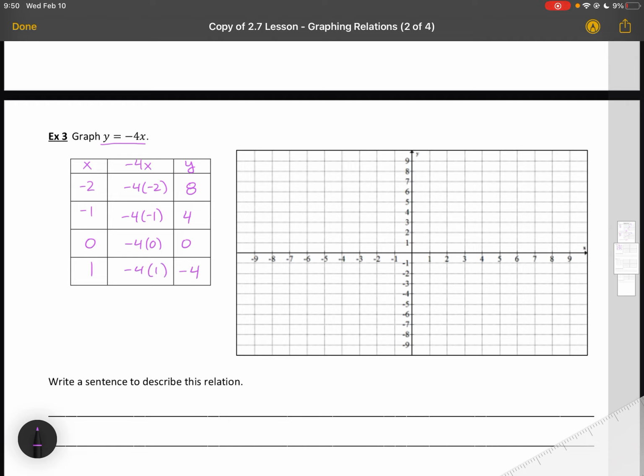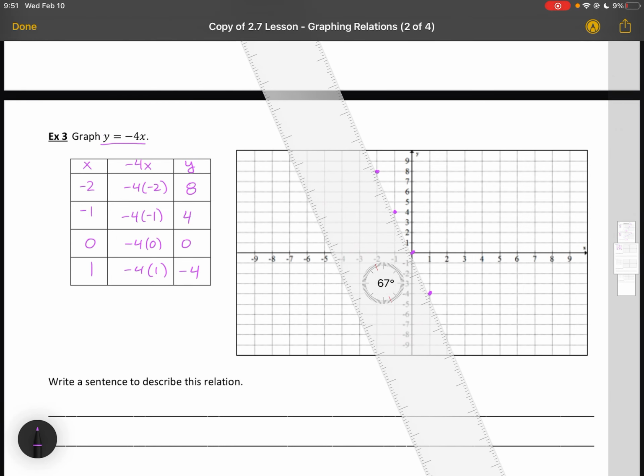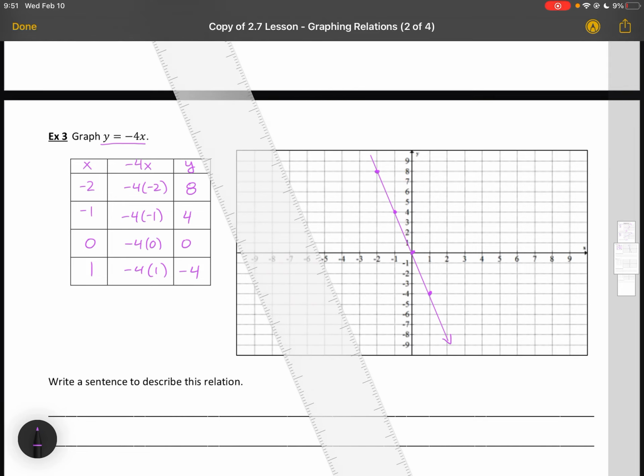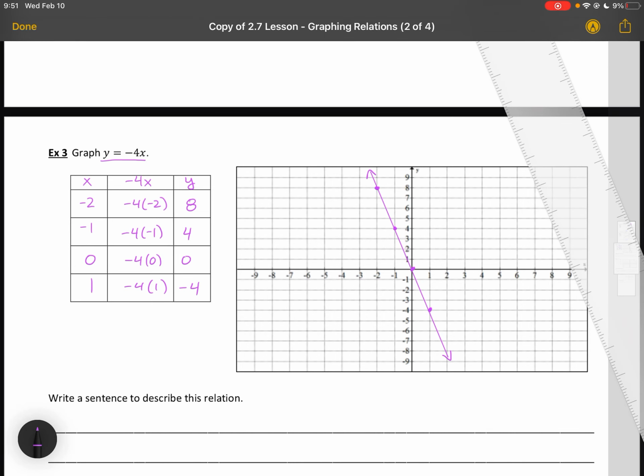And same thing for 1. Now I'm going to plot those points. -2, 8. -1, 4. 0, 0. 1, -4. Again, with my ruler to represent all ordered pairs, I'm going to extend my line across my graph, add arrows on the end to show that my relation continues.